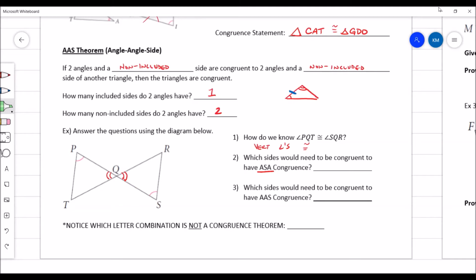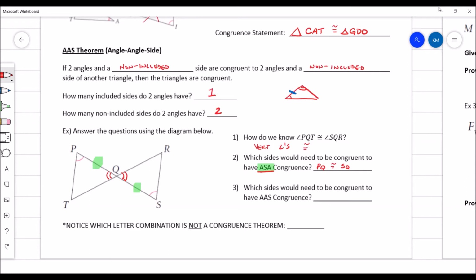Well, for that one, we would need the included sides, which would be PQ and QS, and SQ. Okay, I said it right. That's what we would need for angle, side, angle.